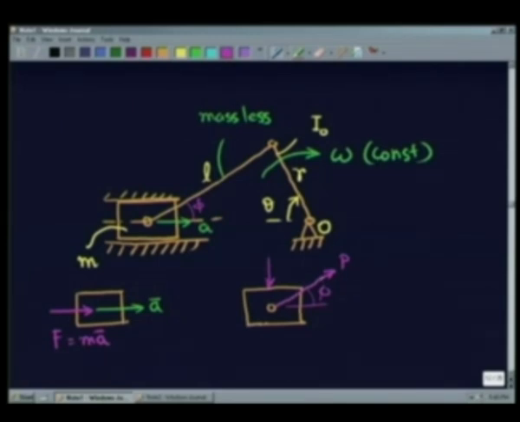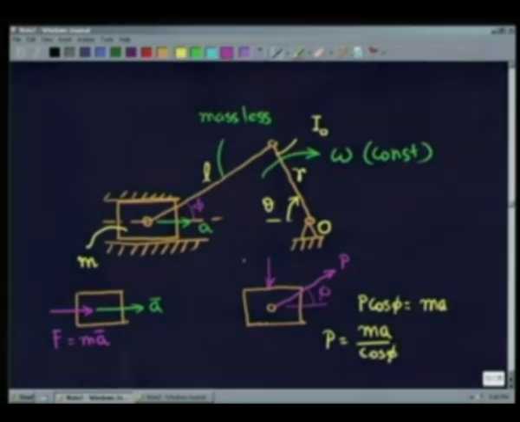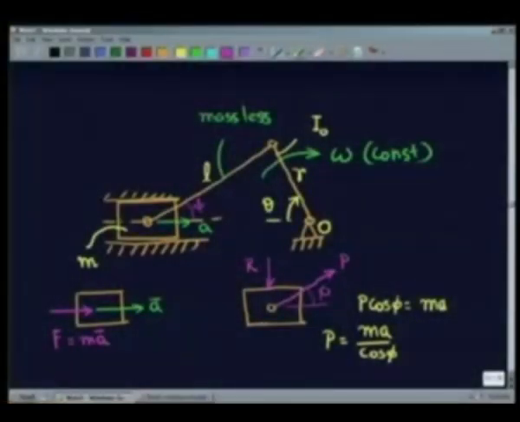That we can find out from this equation, that P cosine phi must be equal to mass into acceleration, or this force P will be mass into acceleration by cosine phi. We can find out this reaction because there is no movement along this direction, which is perpendicular to these slider surfaces.